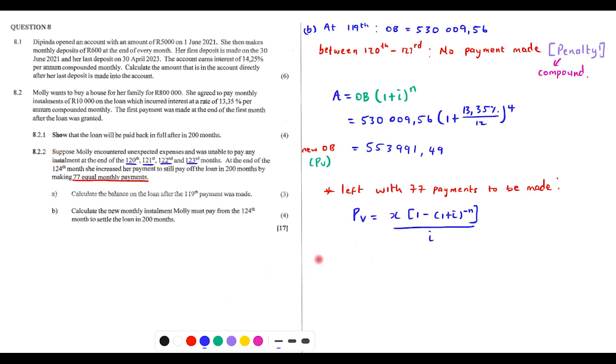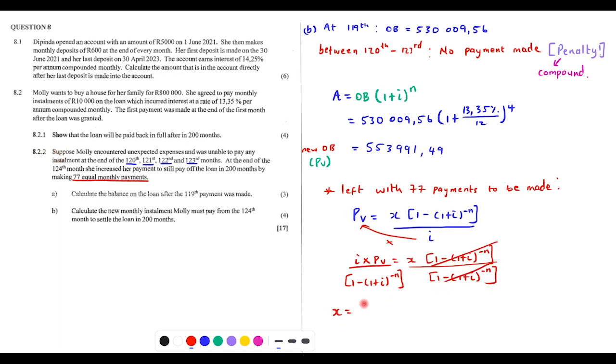I'm going to get i times PV, which is x into 1 minus (1 plus i) to the minus n, and then I divide both sides by 1 minus (1 plus i) to the minus n. This cancels with that, and so the formula that I will use to find my x is going to be i times PV over 1 minus (1 plus i) to the minus n, right?